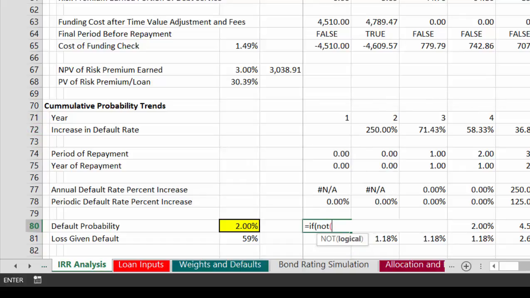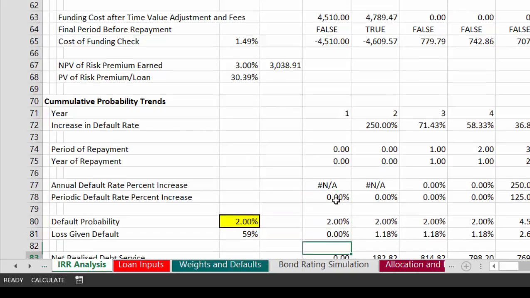So if this is false, then we'll take this, fix that. Otherwise, we'll go back and multiply that by 1 plus the increase. Okay, now I think I did that a little bit wrong.